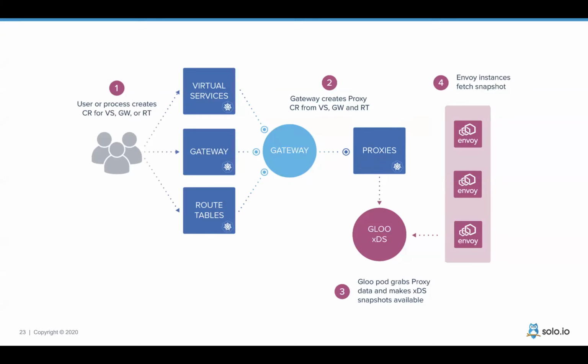And then when Gloo watches the proxy and sees it has been updated, it can push a new snapshot. And the nice separation of concerns here is that if the gateway component goes down, Gloo continues to serve configuration over XDS. If any other component goes down, the others aren't affected. So we've got a clean separation in terms of how we translate the configuration.